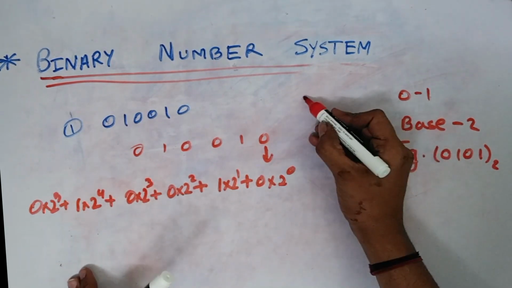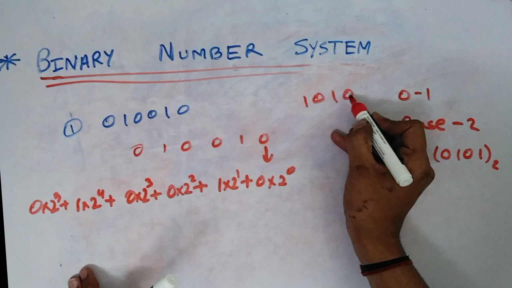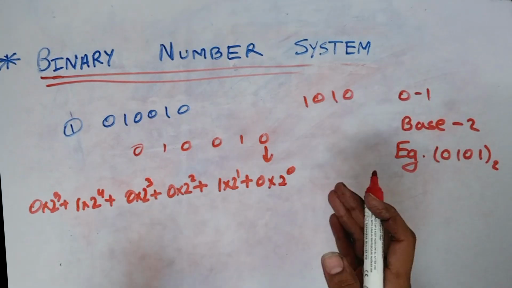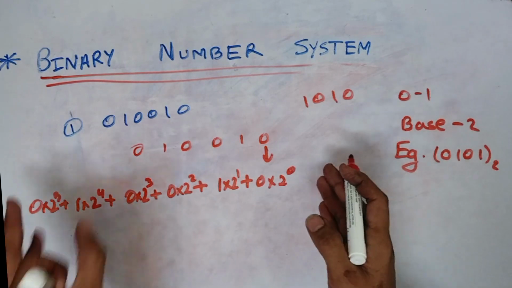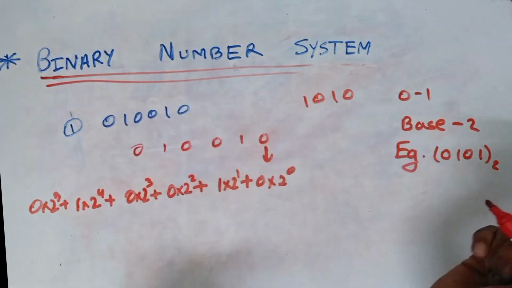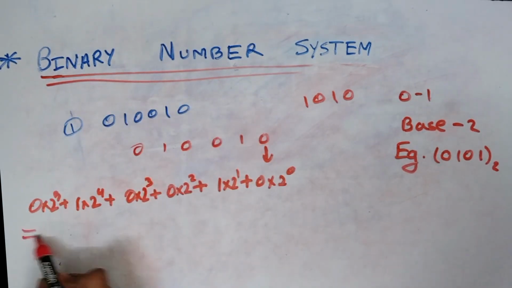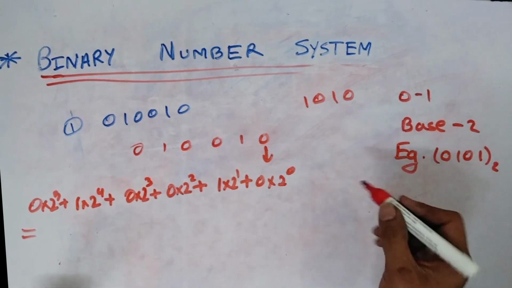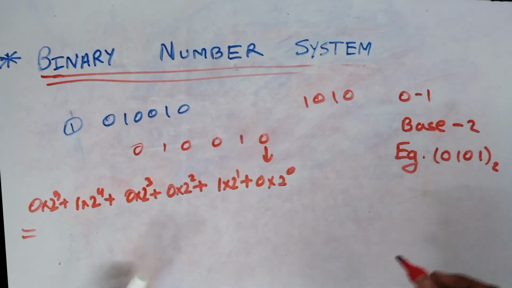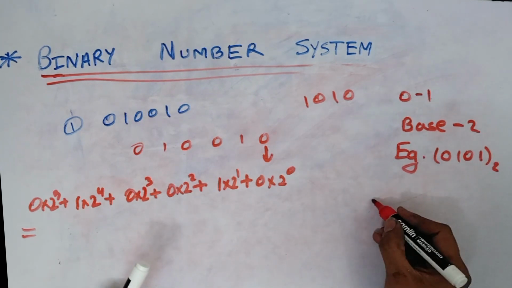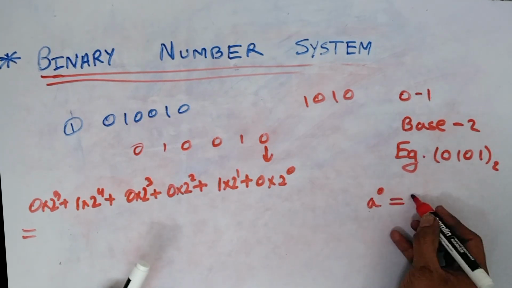They simply ask small numbers like 1, 0, 1, 0. Now this is a method to convert any binary number to a decimal number. Let us see how that is done. As I said earlier, any number raised to power 0 is 1. We all learned in our childhood that anything raised to 0 is nothing but 1.